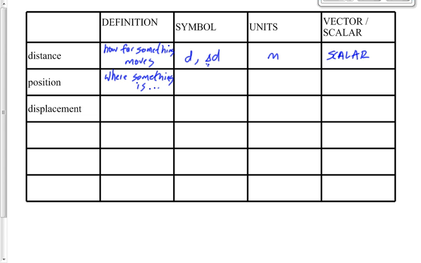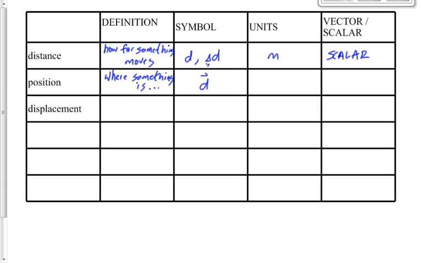Now, the symbol for position is real similar to one of the symbols that we can use for distance. It's a D, but it has this little funny half arrow above it. So that's what distinguishes distance from position in terms of the symbol. See this little half arrow. Don't forget that half arrow, by the way. That's important. The units for position would be, well, the standard units at least.